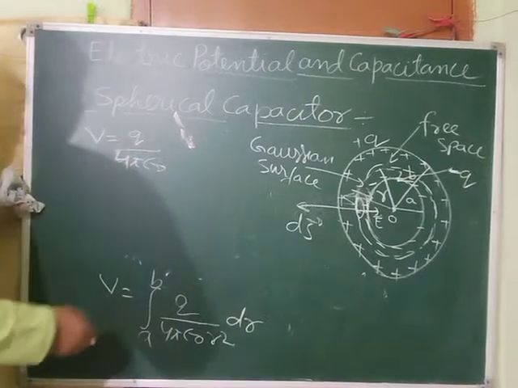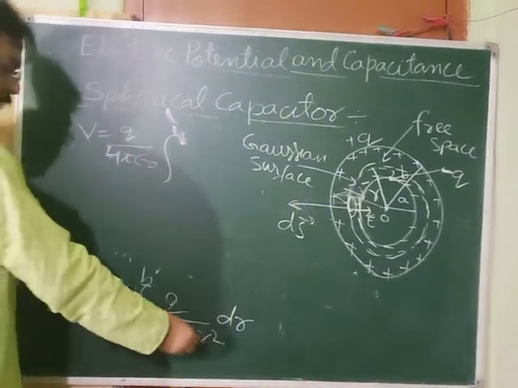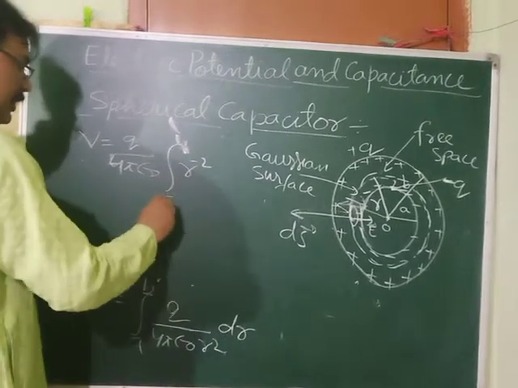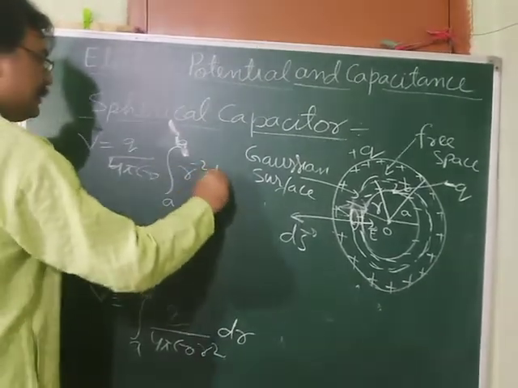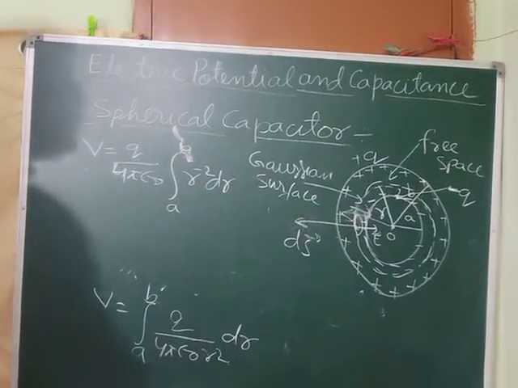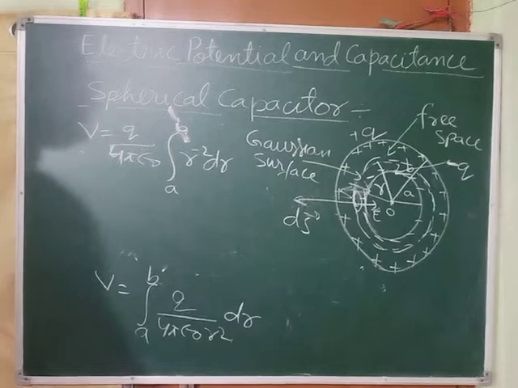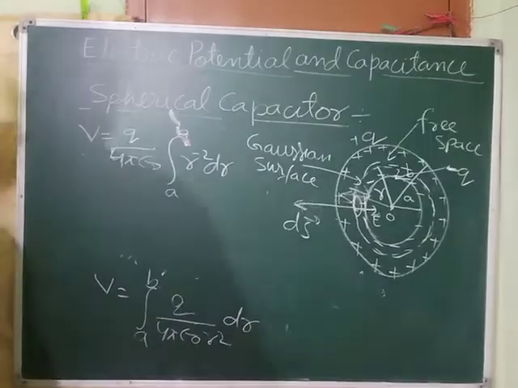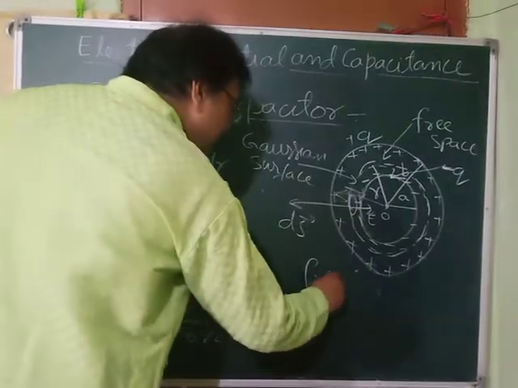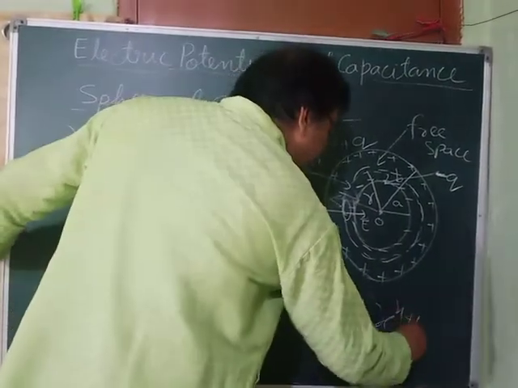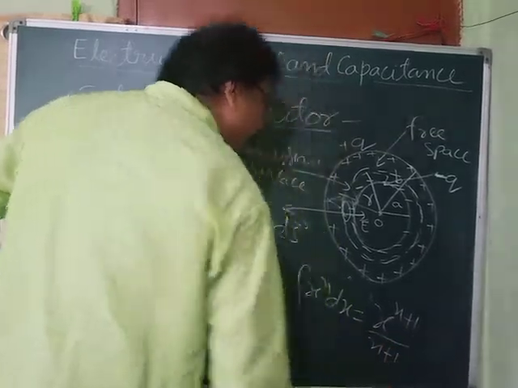And we will have what? r square downward. So we will take it up, and we will get r to the power minus 2. Here a is there, here b is there, here dr is there. See, when you are going to integrate this, what you will get? Do you remember the formula? x raised to the power n, integration is x raised to the power n plus 1 by n plus 1. This is the formula. So integrating x raised to the power n dx is x raised to the power n plus 1 by n plus 1.